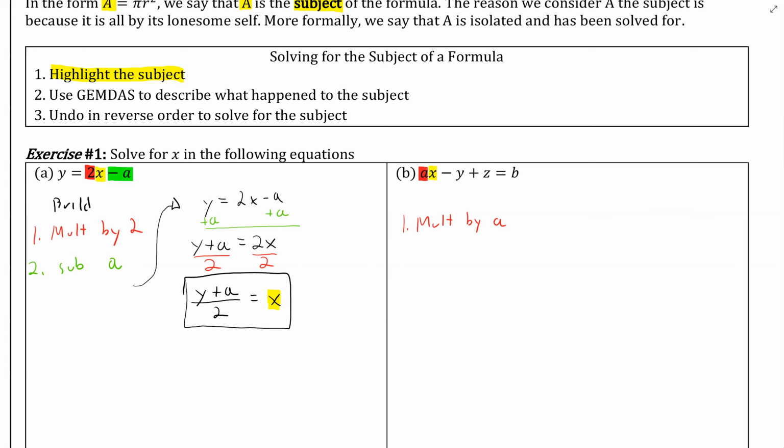Then we have the minus y, which means that y has been subtracted. And then next we have the plus z, which means that z has been added. And so if that's the build order, we now need to undo all of that in reverse order.